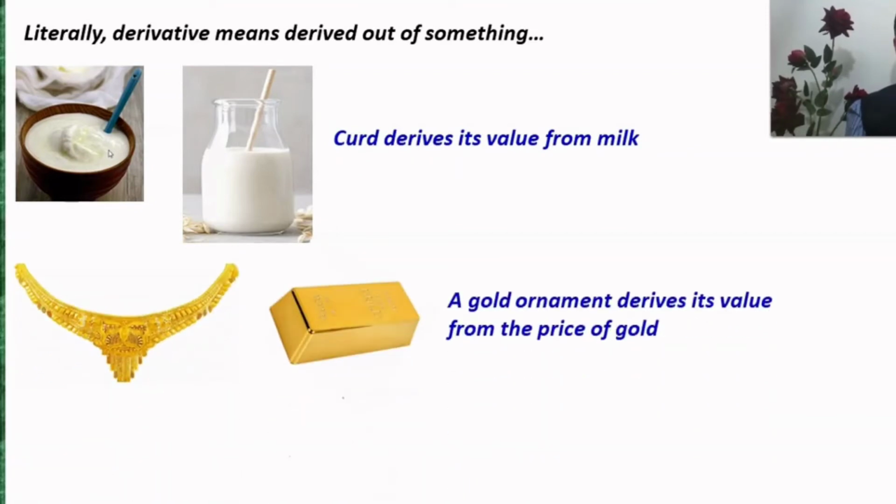Another example could be a gold necklace. You can say that the gold necklace derives its value from the value of gold. If the value of gold increases, then the value of the necklace will also increase, and vice versa.